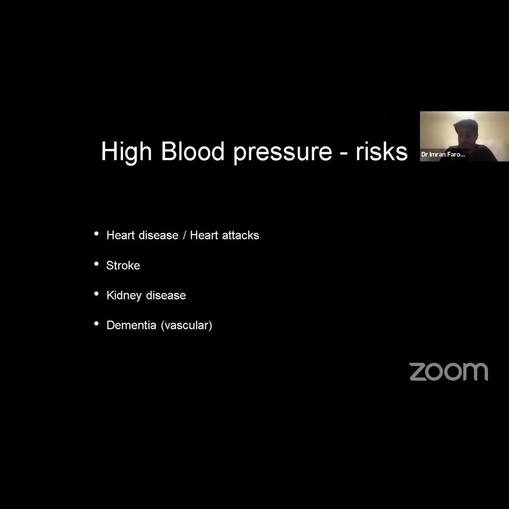Similarly, with strokes, if your blood vessels supplying your brain are damaged and getting blocked, that's what leads to strokes as well. And heart attacks and strokes are two of the highest causes of mortality across the world.